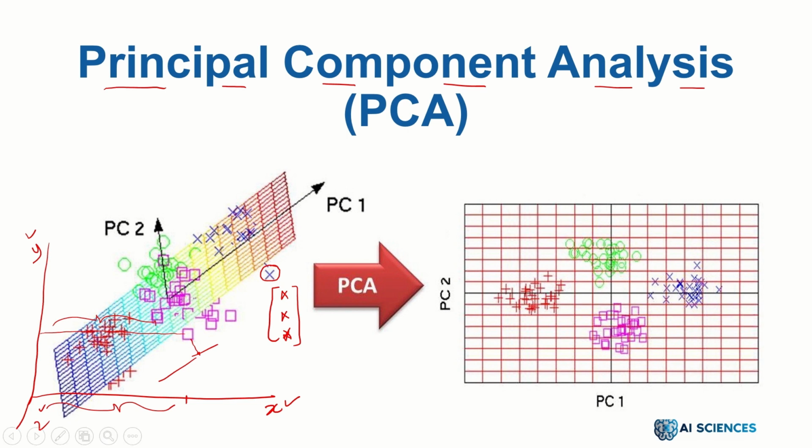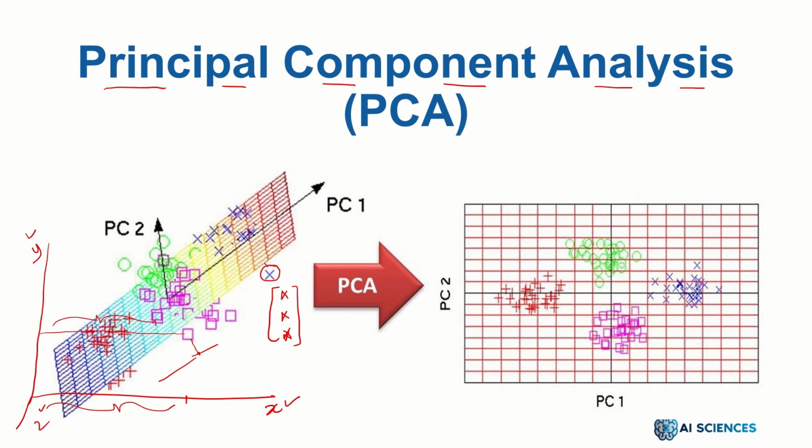Here I have shown an example. Assume all these data points, red, green, purple, and blue, and assume a plane in this three-dimensional space. A plane in this three-dimensional space is itself a two-dimensional subspace.